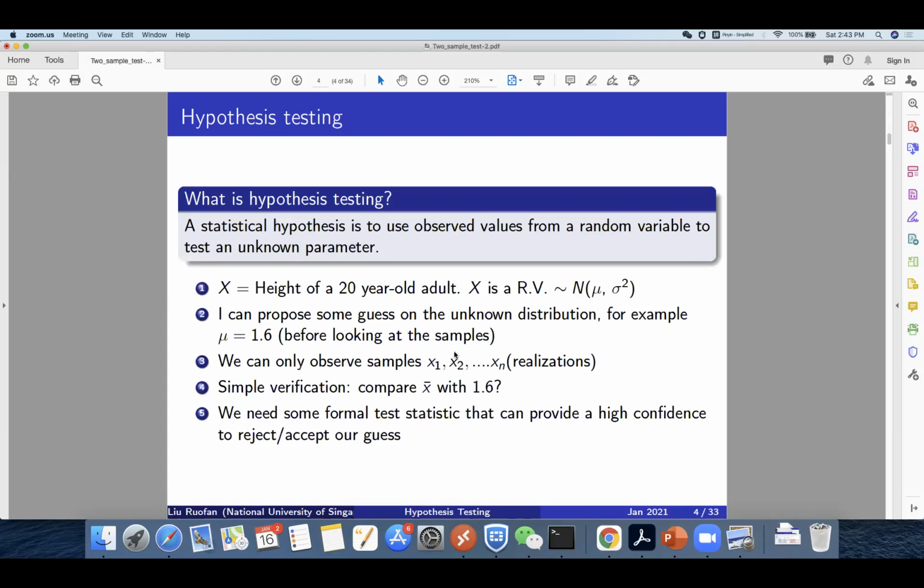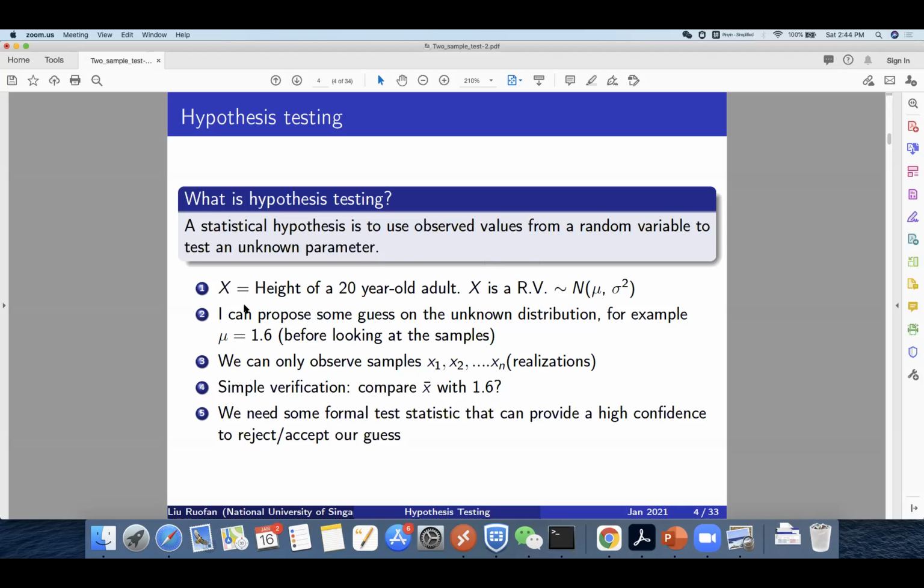Now I shall introduce the concept of hypothesis testing. A statistical hypothesis test uses observed values, which are realizations of a random variable, to test an unknown parameter. This unknown parameter is the parameter inside the random variable's distribution. For example, we can have a random variable X, which is the height of a 20-year-old adult.